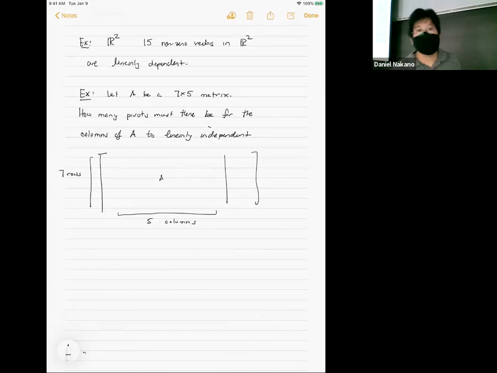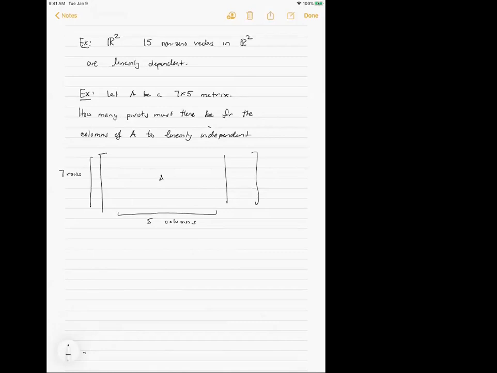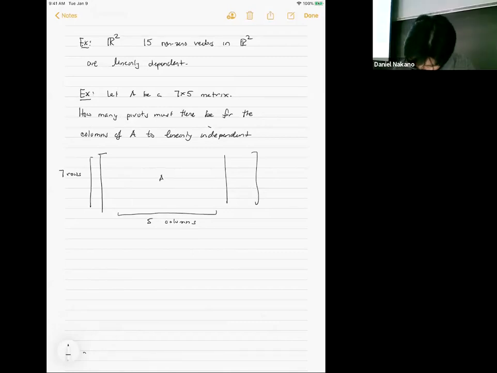Okay. So how many pivots are we going to need in order for the columns to be linearly independent? 5, right. We actually need to have a pivot in every single column. So we have to have 5 of them in order to have the columns be linearly independent.